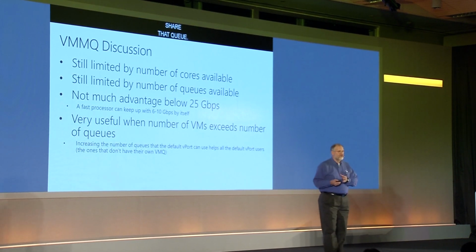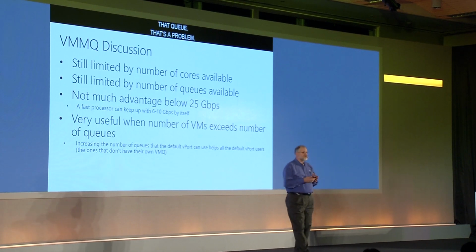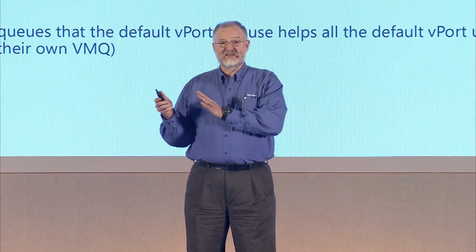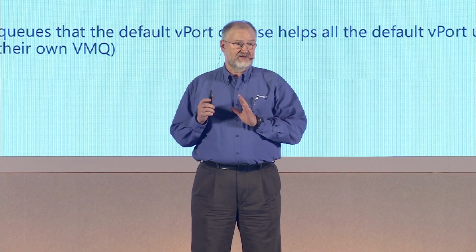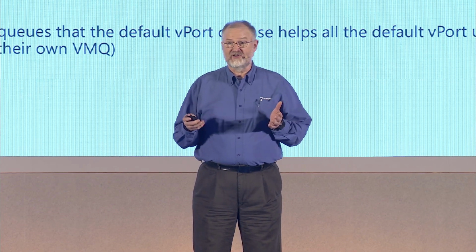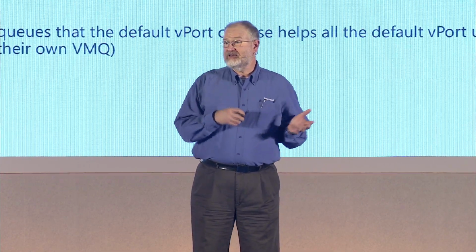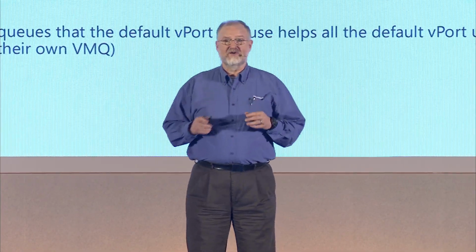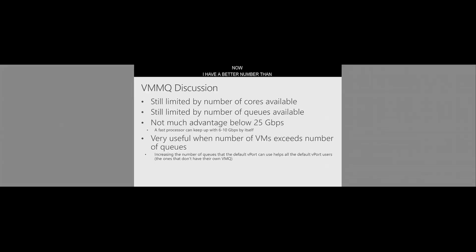With VMMQ, I could say, okay, the first 60 each get their own, and the rest of them share 4 queues. Well, now I have a better number of VMs to queue ratio than before. I could even take it down further. I could go all the way down and say only the first 50 get their own queue, and the next 50 share 14 queues. That way, I could really get some parallel processing going on.